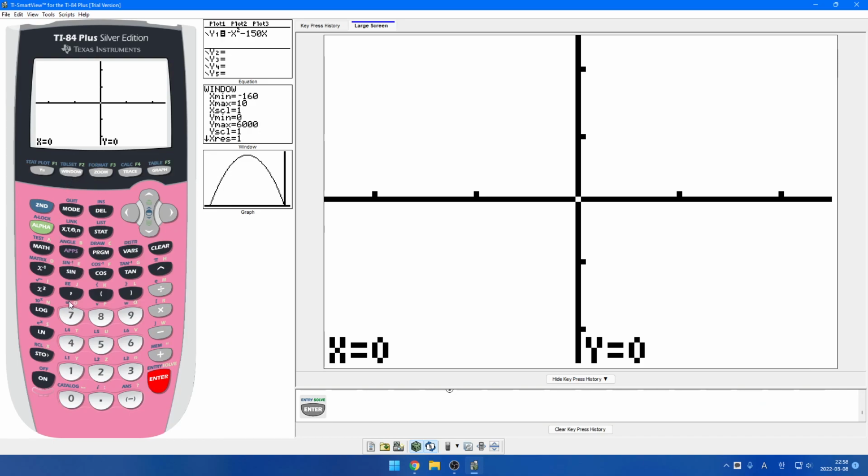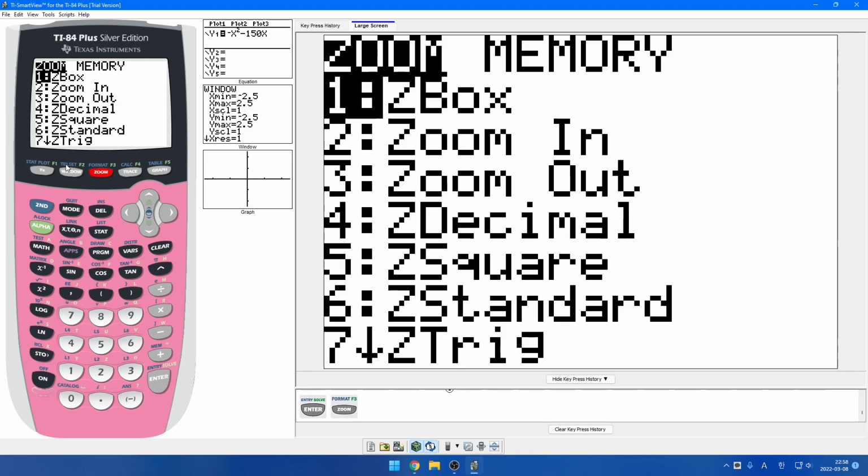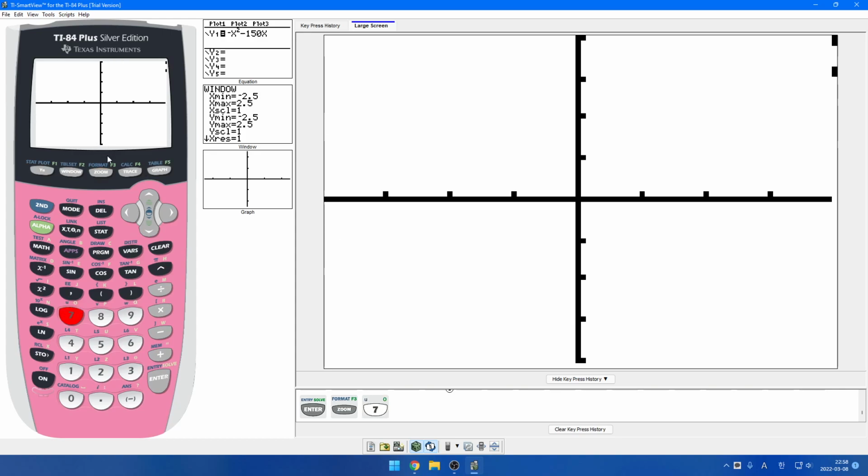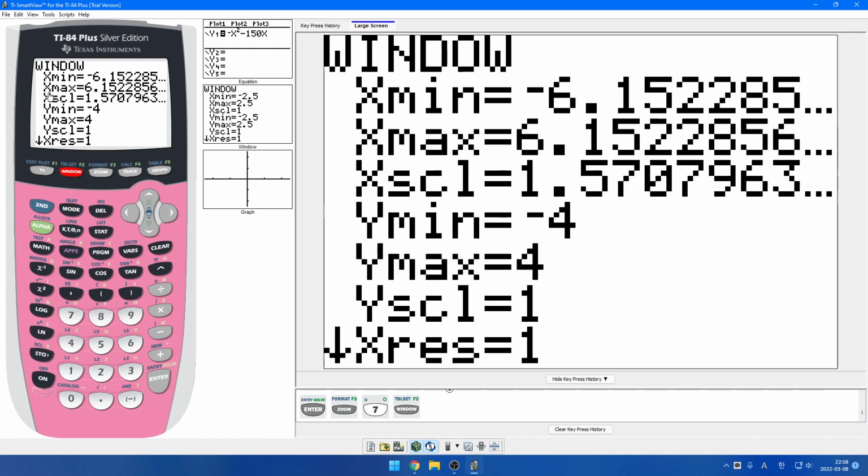If you're dealing with trig functions, you may find the ZTrig quite useful. What it does is change the window from negative 2 pi to positive 2 pi, and my x scale into half pi.